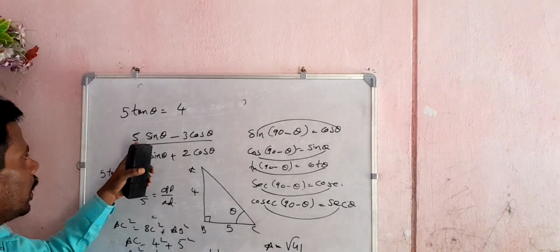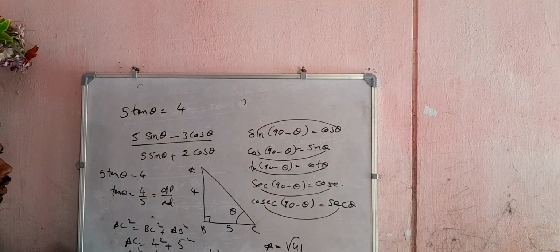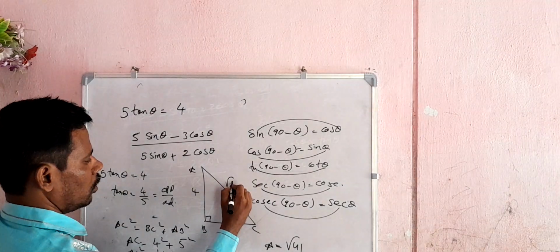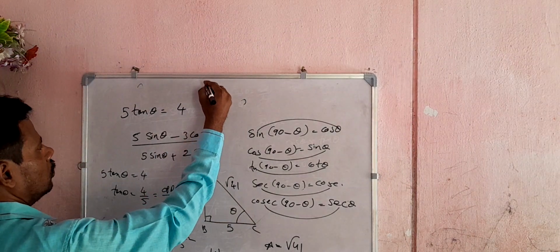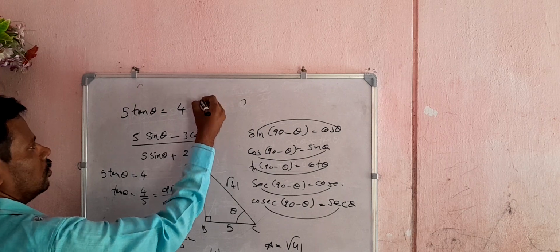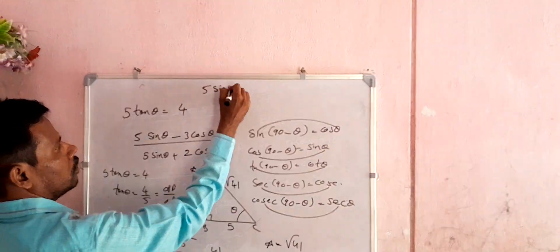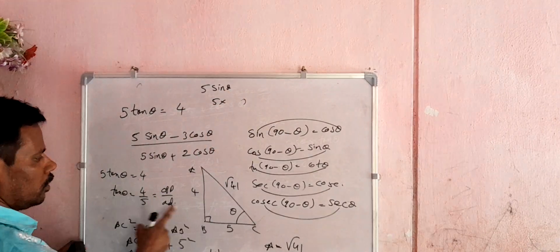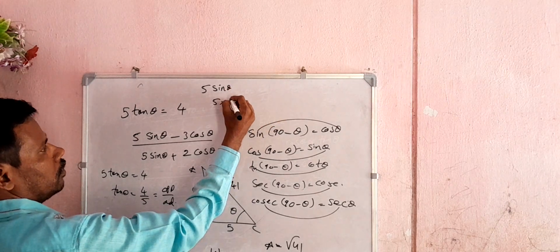Now he is asking to find 5 into sin theta. Just replace this. 5 sin theta: 5 into the sin value, opposite by hypotenuse, is the definition.